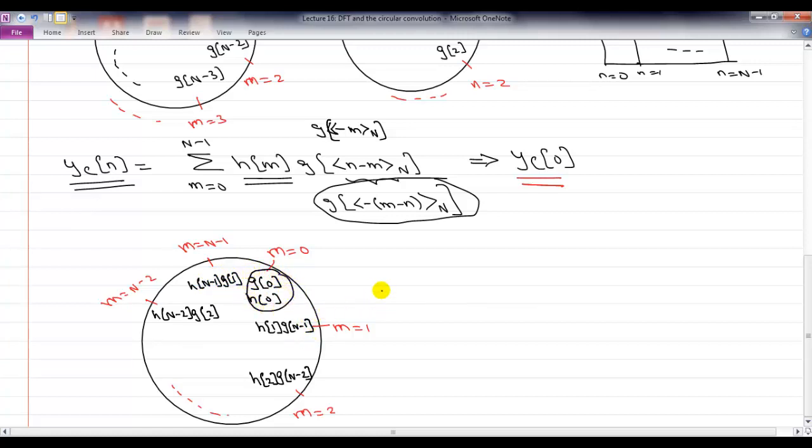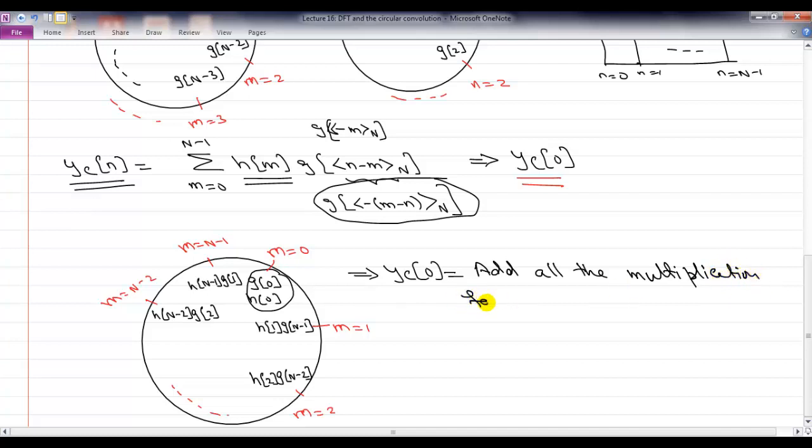Now to compute my yc[0], I just multiply these quantities. So g0 h0, I multiply all the other ones, h1 g of n minus 1, and then I add up all of these quantities to get the required 0th sample of my circular convolution.